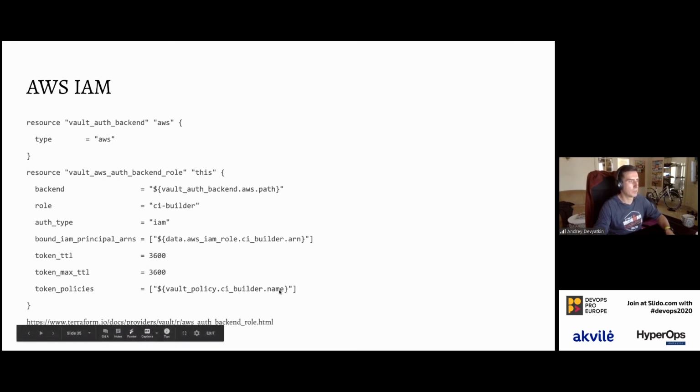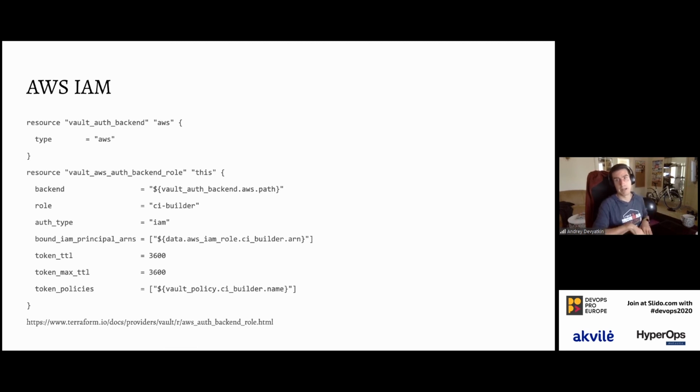And the entity that requests the token has to have this ARN, so it has to have this role attached to it. For instance, think of an instance profile applied to the EC2 instance, or an instance profile applied to the pod running in EKS.